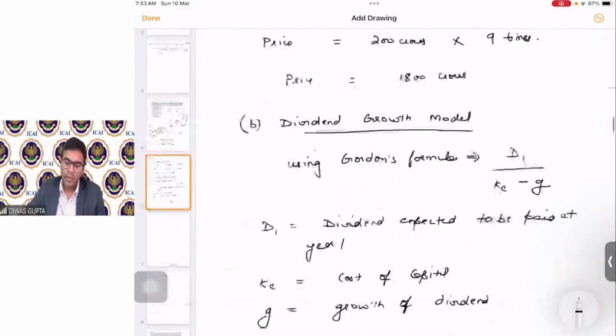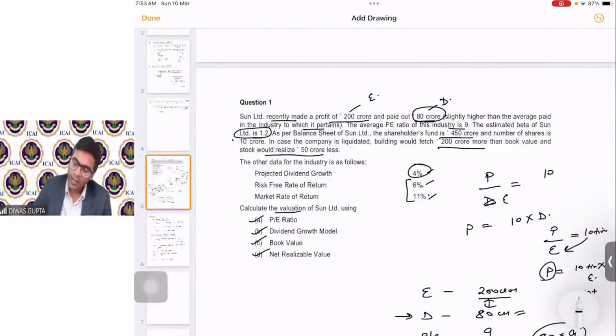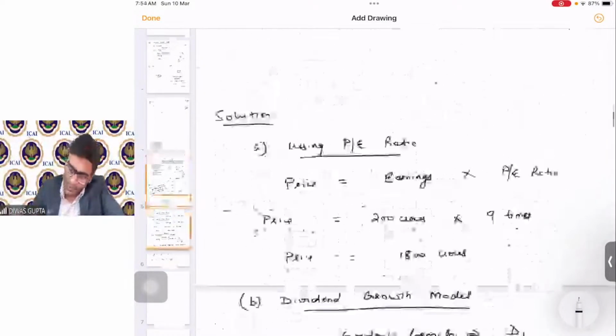Then the next method of valuation is what? Book value. Book value we have been straight away given, students. The shareholders' fund is the book value, because fixed assets minus long-term debt plus net current assets is also equal to the shareholders' fund, students. Okay.